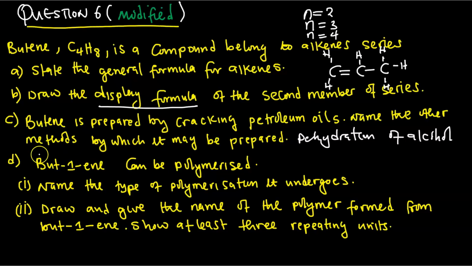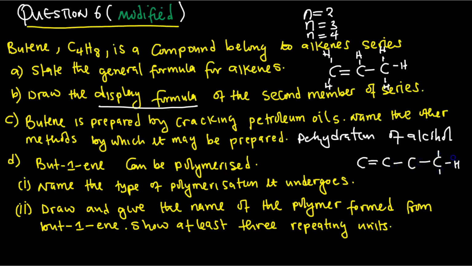Okay? Then what about the D question? But-1-ene can be polymerized. Now, for you to know, this means that the double bond is at carbon 1. So if you are to draw butene, but-1-ene is like this. 4 carbons, it's going to appear like this.